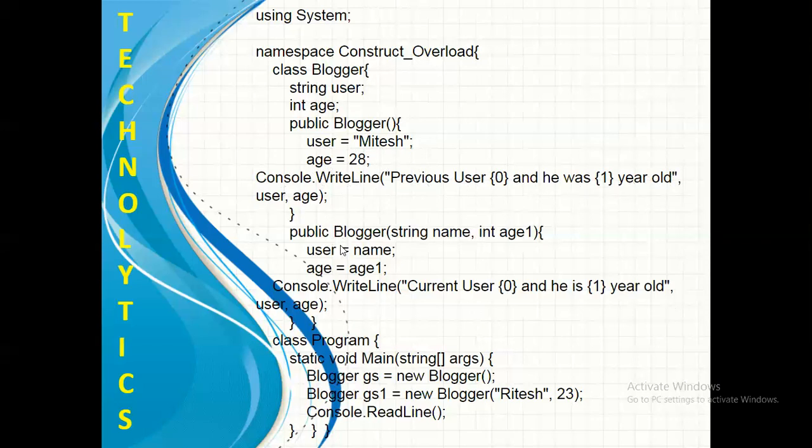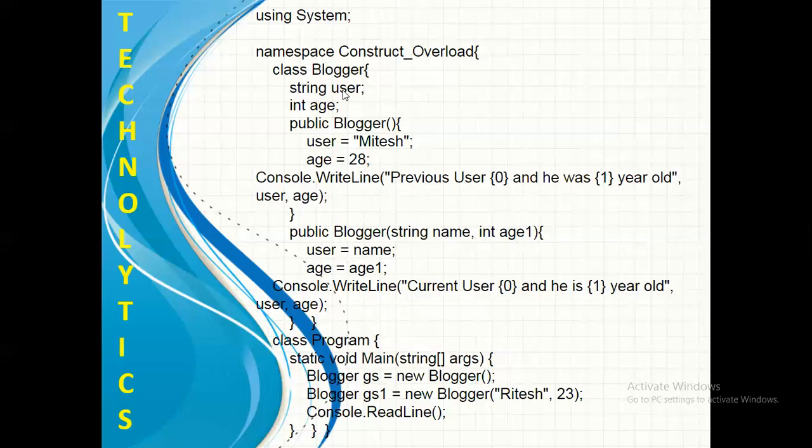After this, we have created another constructor. You can see the names are the same, blogger, which are the same as the class name. But here, the change is that we are passing two parameters. One parameter is of string data type and the other parameter is of integer. Inside this constructor, we said user equal to name.